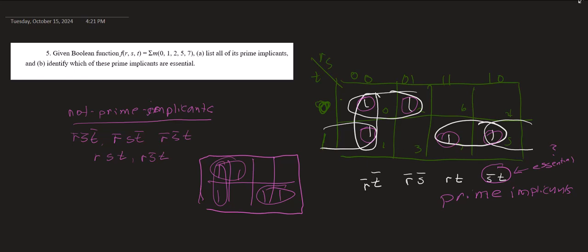Right, because if you look at this one right here, you'd say this one's contained in this one, and this one's contained in this one, but this one is non-essential, so if I take it out, it's not contained in any other.